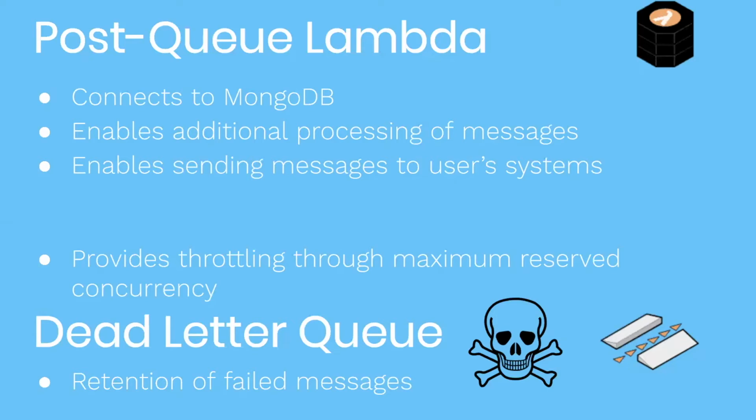So we're competing with concurrency with the webhook receiving Lambda, and we want that one to have maximum concurrency. So we overcome this by setting the maximum reserved concurrency on this Lambda to 5, and that gives it just enough concurrency to receive and process those messages at a throttled rate.